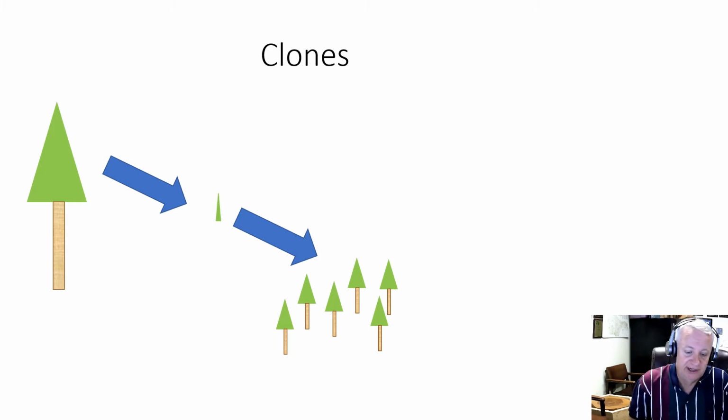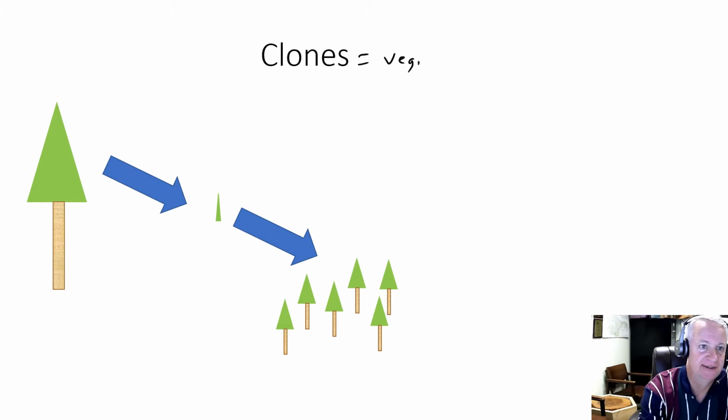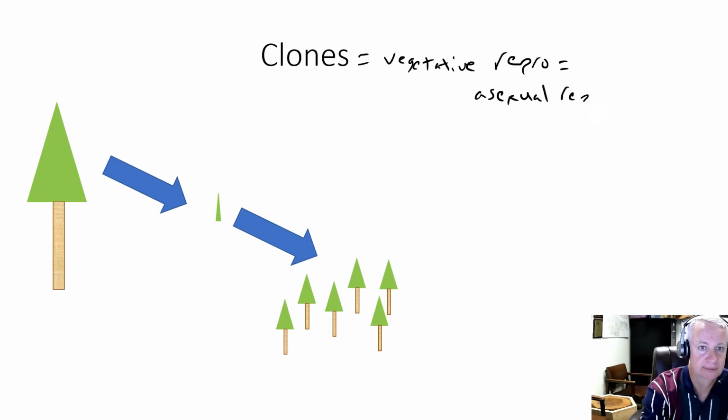Clonal reproduction is the final type of reproduction I want to talk about, and this is also called vegetative reproduction, or asexual reproduction. It just involves one individual. So in this case, you could call this a mother tree, but there's no father involved.